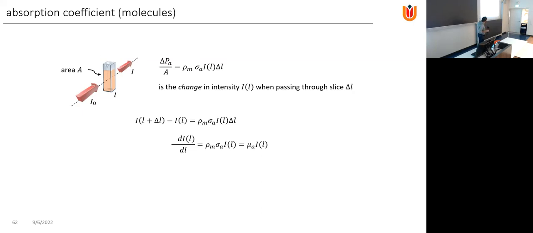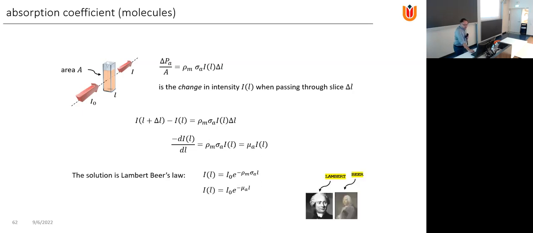And that is then written as the product of the density times the absorption cross-section times the intensity. Again, we can combine density and absorption cross-section into the absorption coefficient. Okay. This differential equation is very easy to solve.